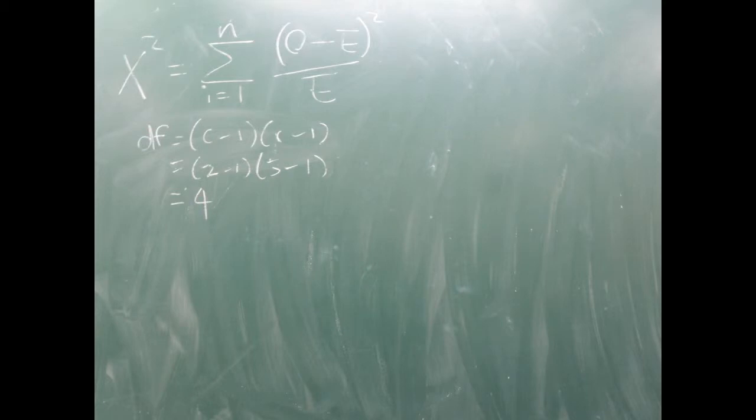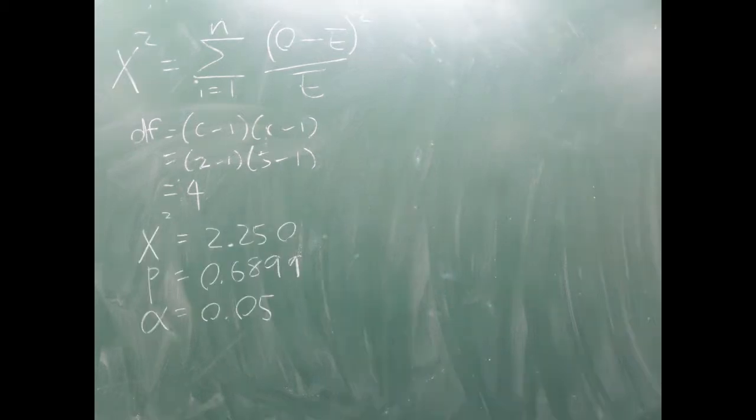We can obtain the degree of freedom by multiplying the column minus 1 by the row minus 1, which equates to 4. After consulting with TI Sensei, our chi-square value equates up to 2.250 and p-value equates to 0.6899.